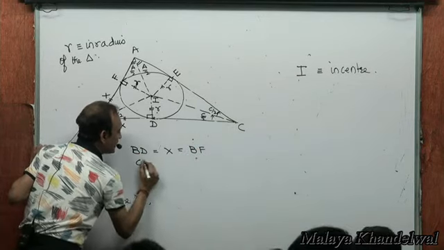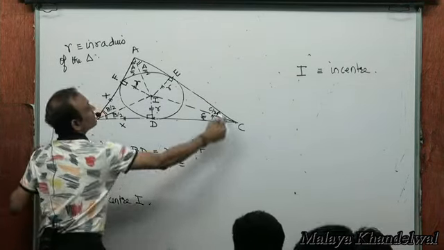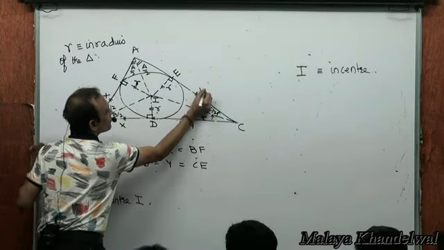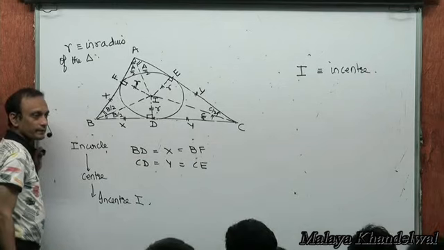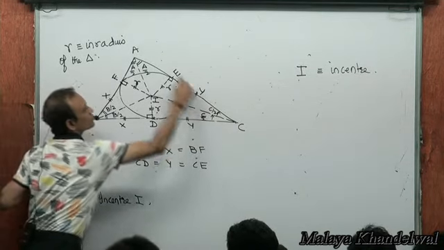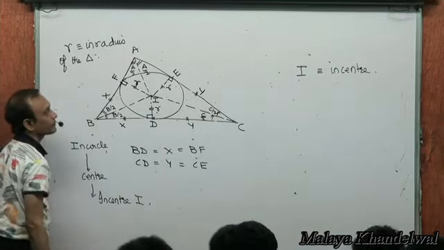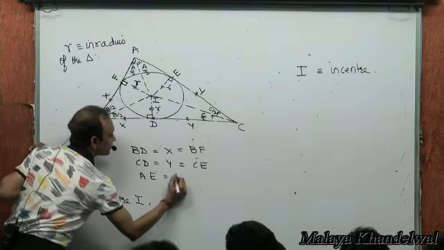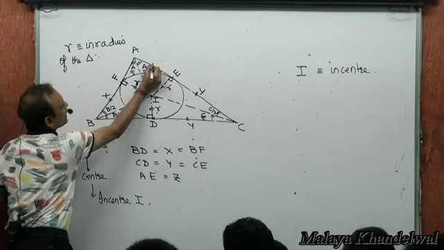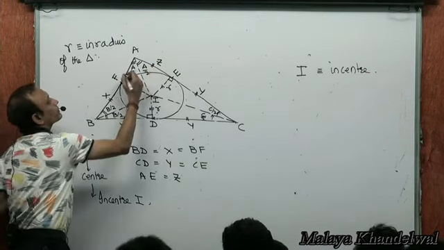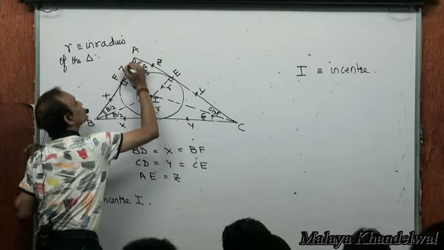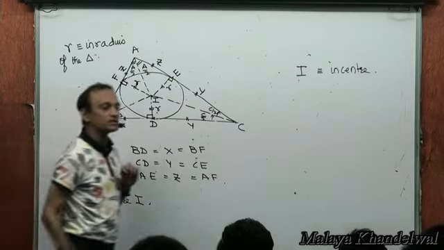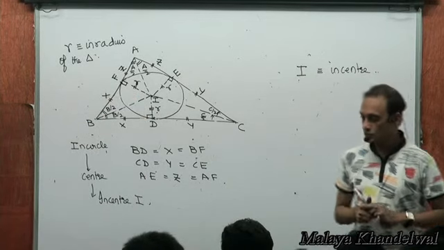Similarly, if CD is y, then CD is equal to CE, each equal to y. Similarly, if AE is z, then AF must also be z.